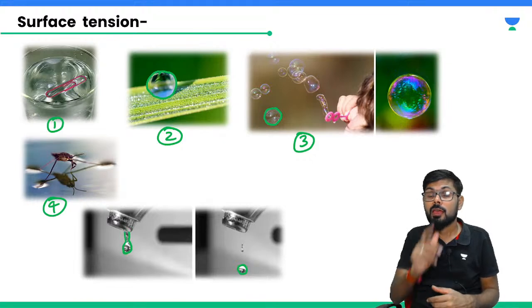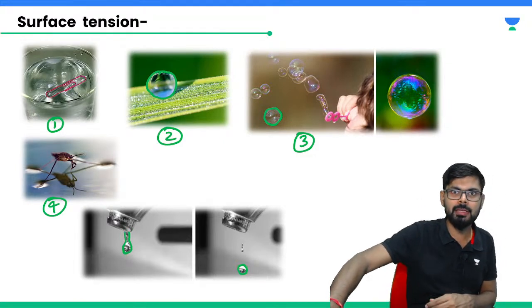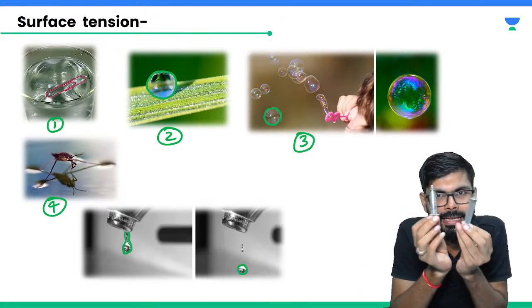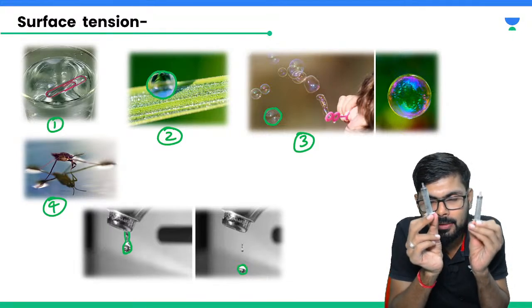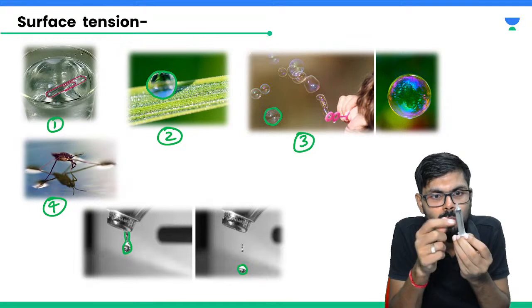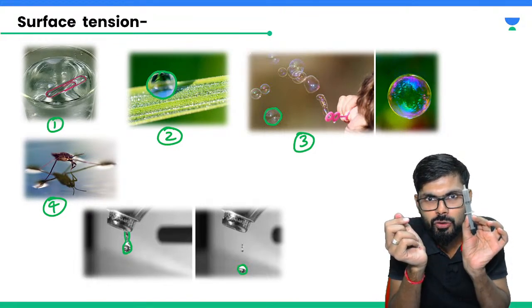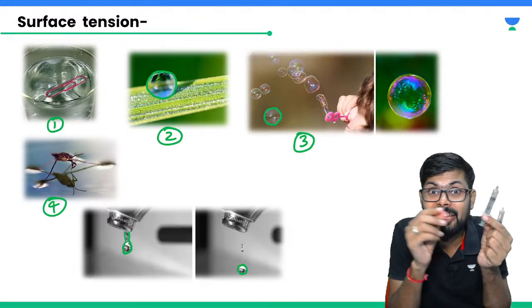Now I am telling you one very important experiment. You need to bring 2 syringes. In one syringe take pure water. In the other syringe take water with surfactant.